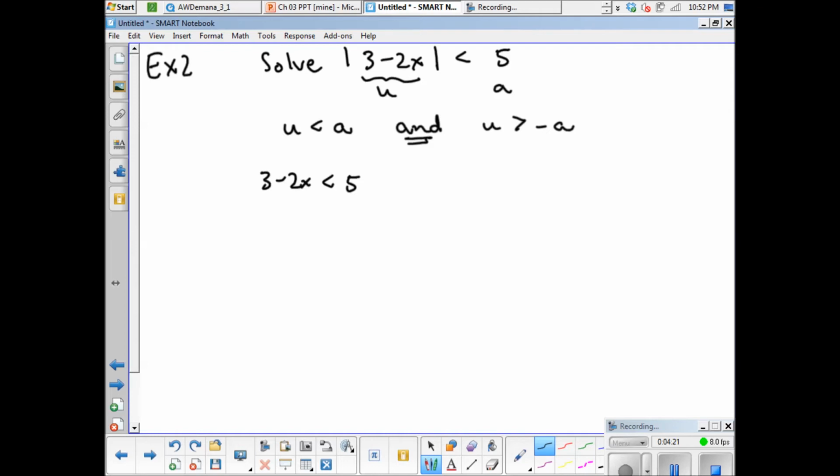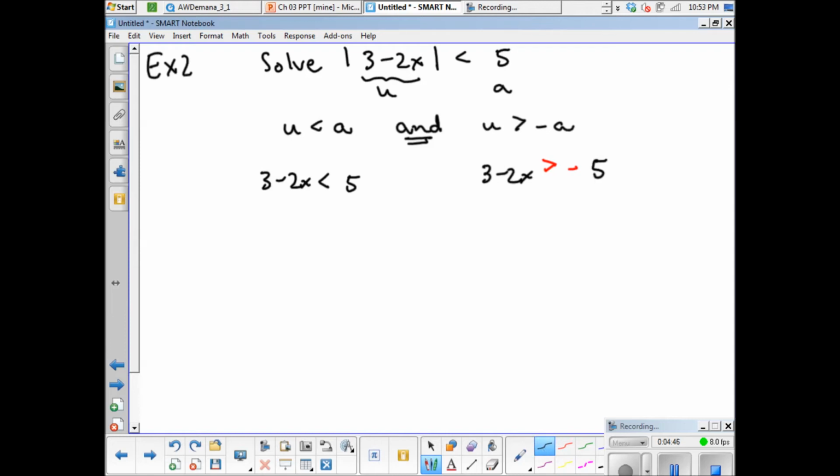Notice that this looks just like the original problem, just without the absolute values on it. And this one over here is going to be 3 minus 2x is greater than -5.